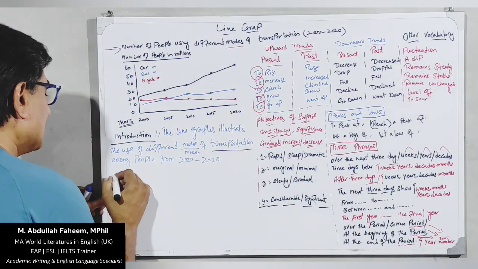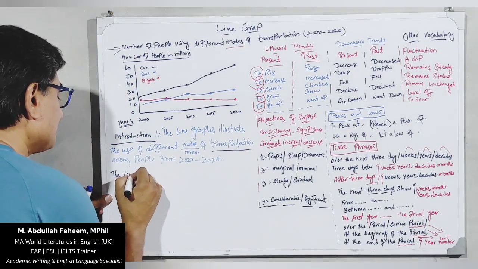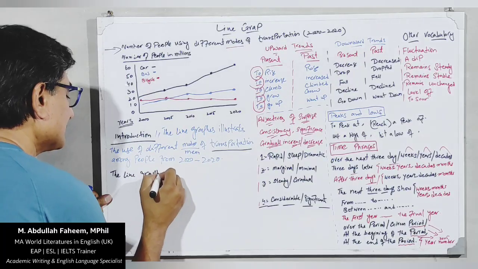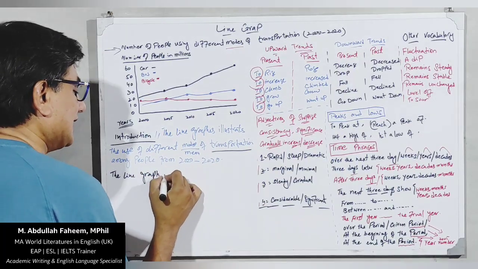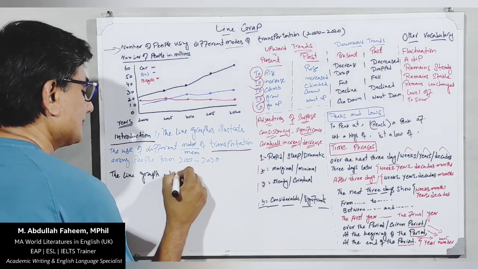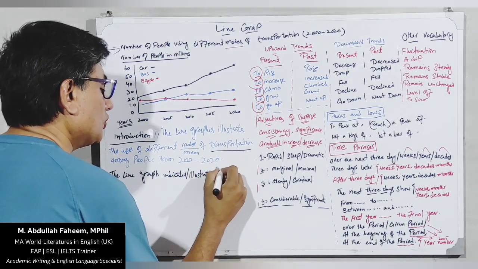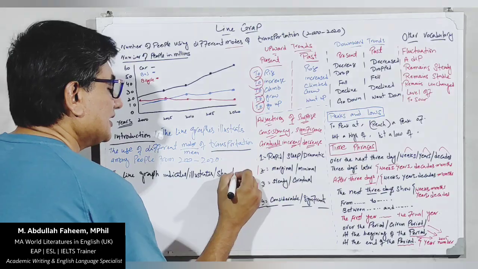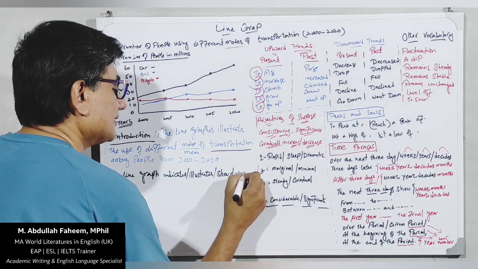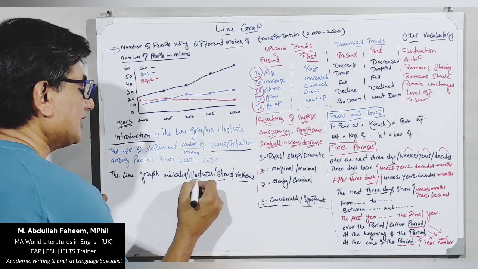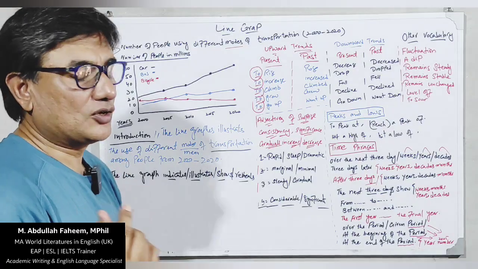The line graph indicates, illustrates, shows, reveals. So these are the words, you can use any of them as an alternative.